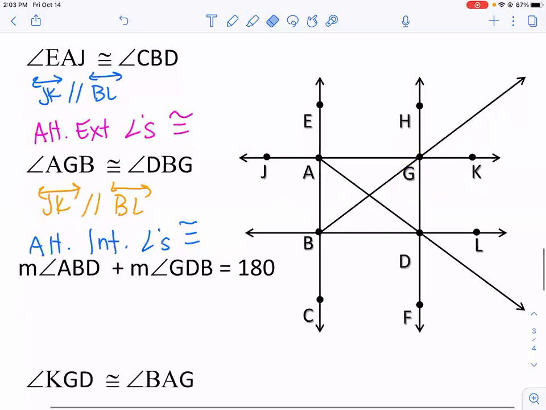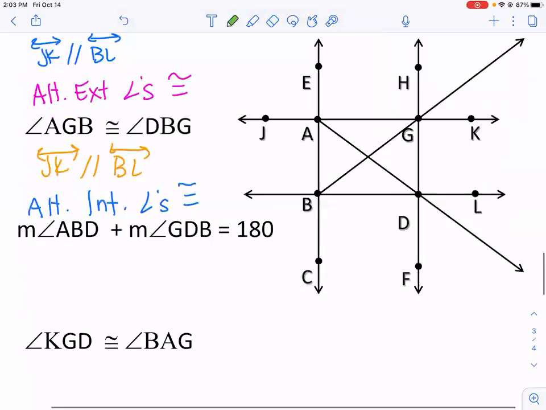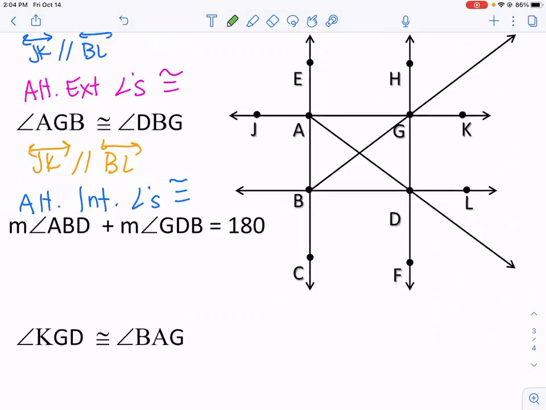Now let's talk about angles ABD and GDB being supplementary. Well, my only option for supplementary is consecutive interior angles.